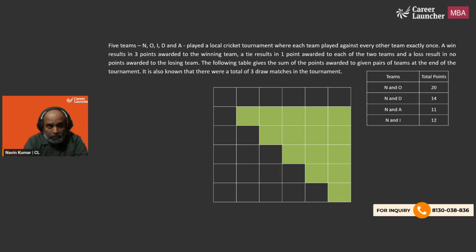So in a round robin scenario, if there are five teams, we draw a 5x5 matrix, as you can see here. Okay, and each column and each row will denote each of the teams, and the cell that is associated with each row and column denotes the match being played.